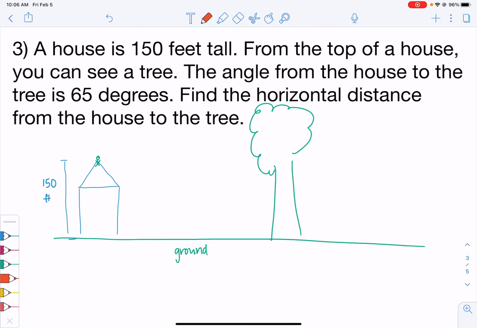The angle from the house to the tree, so we're looking up to the tree, is 65 degrees. So here we make that angle go from the person's eyes with the line from there, this horizontal line here. We call this the eye line.